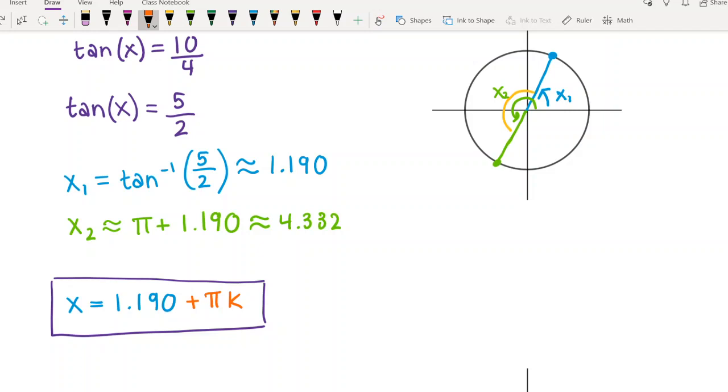Again, just to give a shout out to the online homework: they're not asking you for all solutions, they're asking you for the solutions between 0 and 2 pi. So on the online homework, you actually would need to write both of these two angles that we found up here.